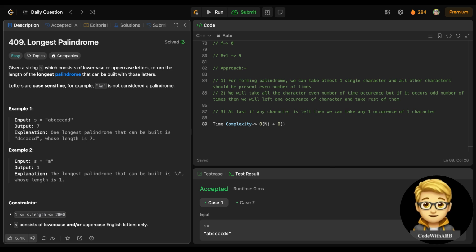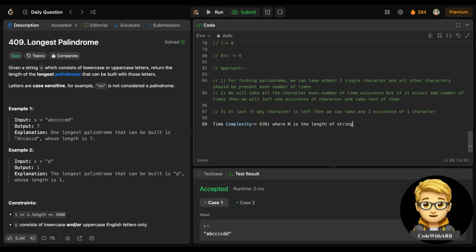There are only 26 letters in the alphabet, so that is negligible. You can take 26 into 2 at most, but that is negligible. So the total will be O(n), where n is the length of the string.